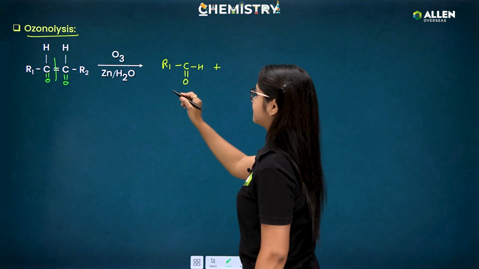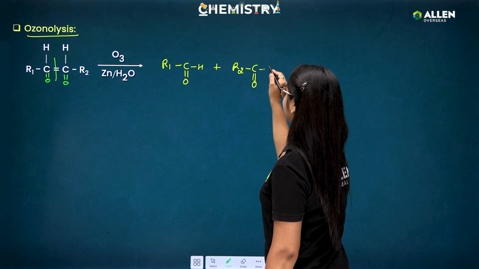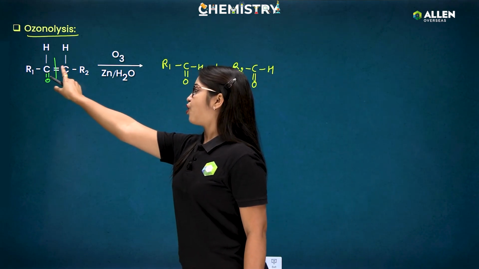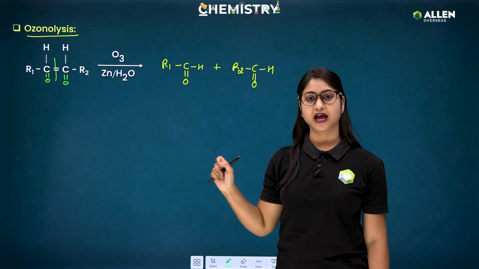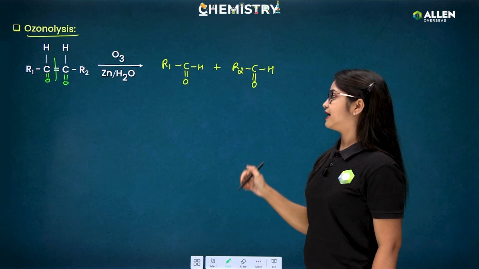Similarly, the second, R2 C double bond O H. So both are aldehydes, you can see. So whenever on the double bonded carbons you have at least one hydrogen, then you will get aldehydes only. Okay, so these are the aldehydes.